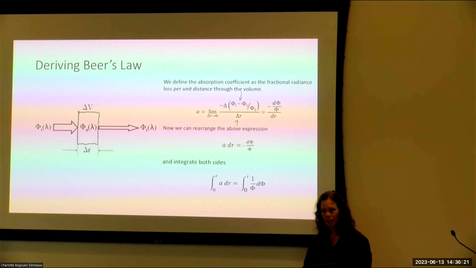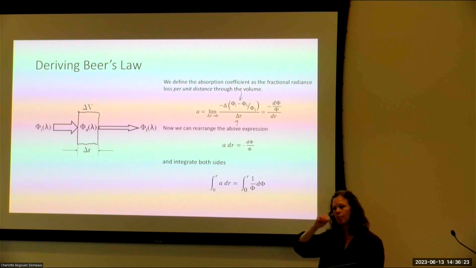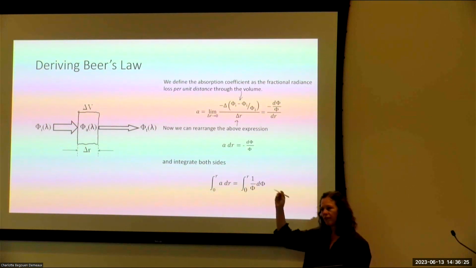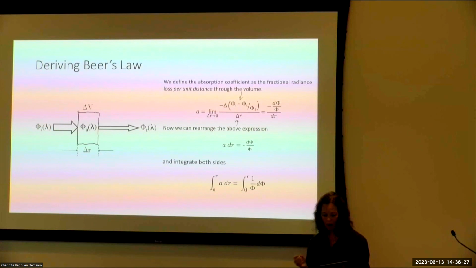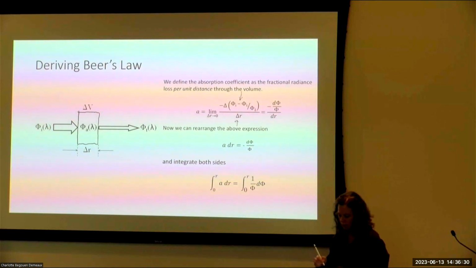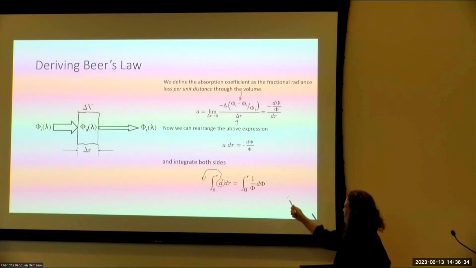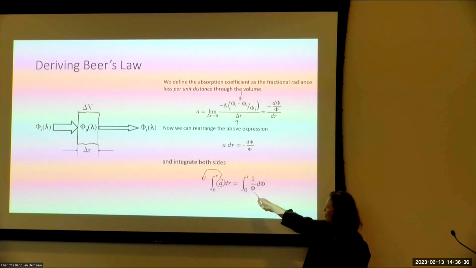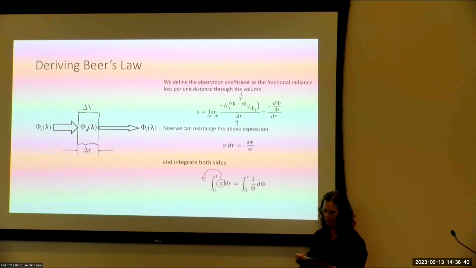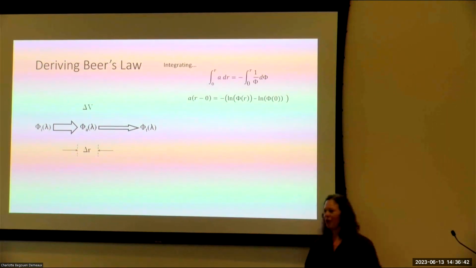Now we can integrate both sides over this path length r from 0 to r. A is a constant, so that goes outside. Then we have to integrate 1 over radiance as well, which is the integral of 1 over x.